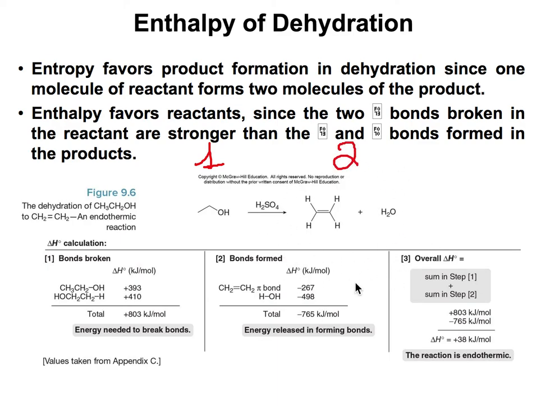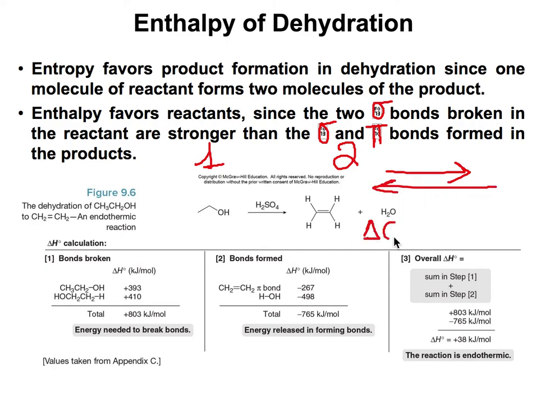But the enthalpy will favor the reactants, because we have 2 sigma bonds that are broken in the stronger reactant, and then we have a sigma bond and a pi bond formed in the products. So the entropy tells us that the reaction is going to go in this direction because we go from 1 molecule to 2, but the enthalpy will favor the reactants.